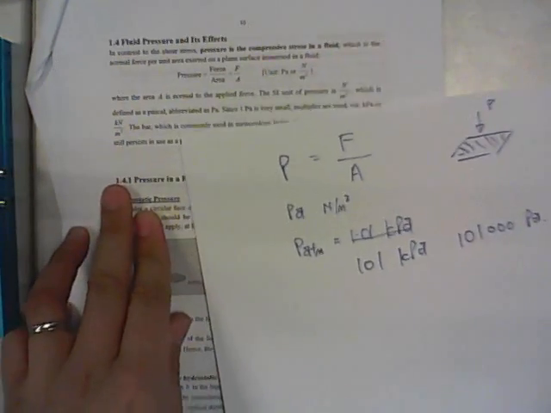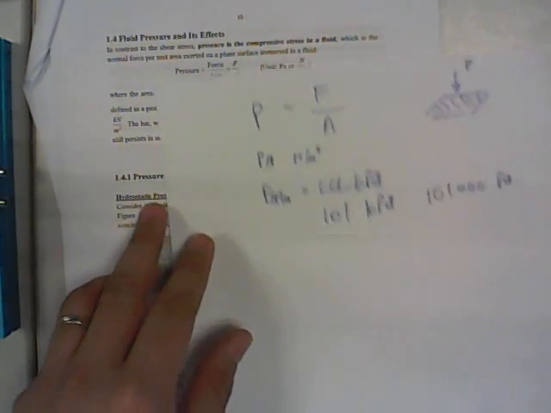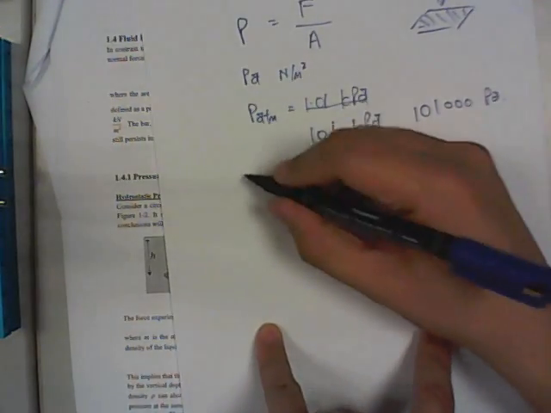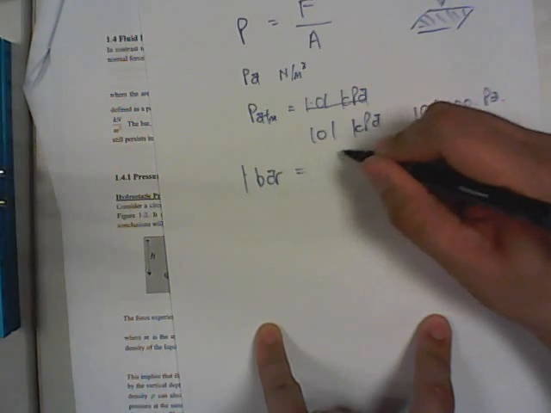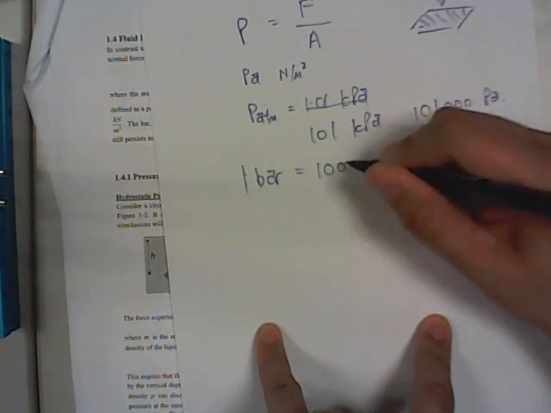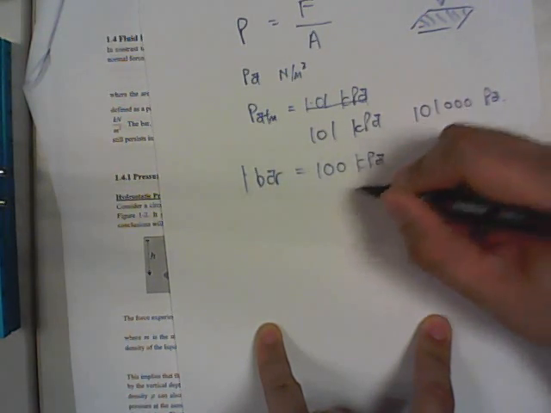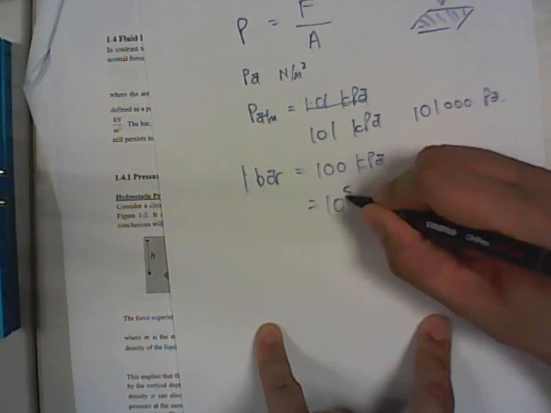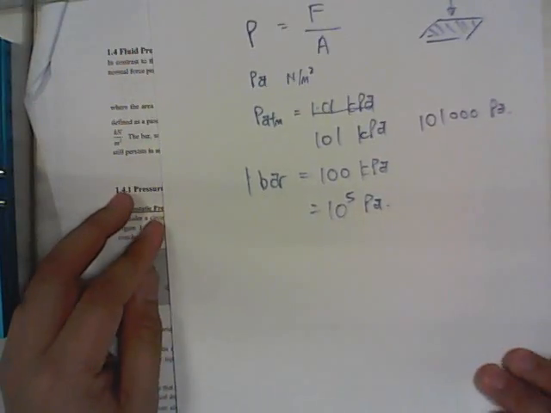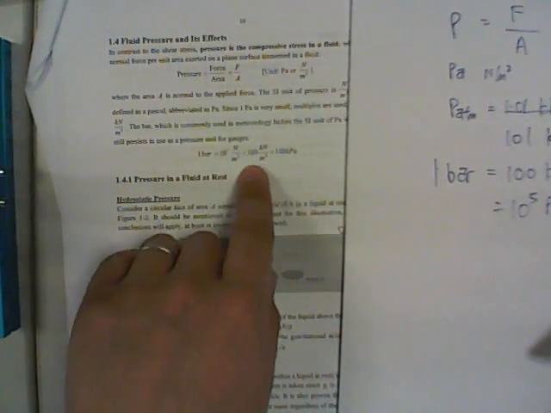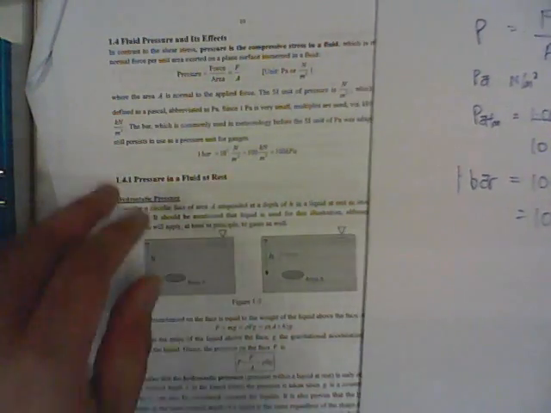There is another unit used to describe such big values, and that is the bar. 1 bar is typically 100 kilopascals, or 10 to the power of 5 pascals. This is usually used in many industrial applications, and it's written over here. 1 bar is 10 to the power of 5 pascals.